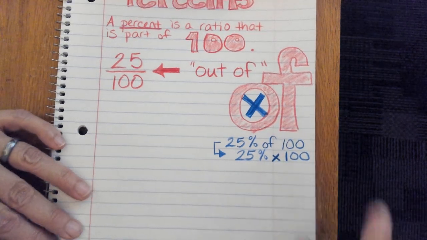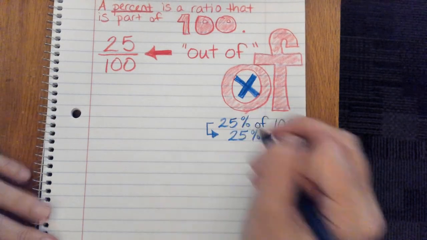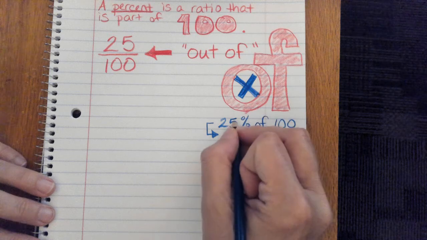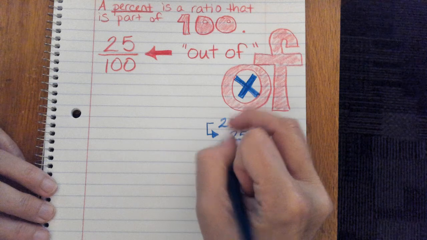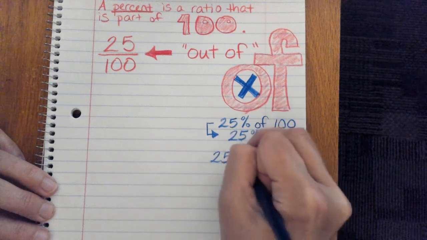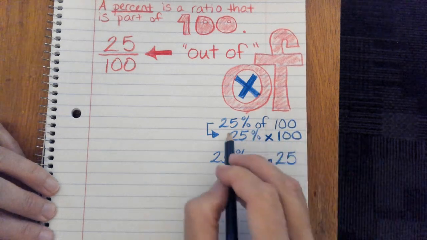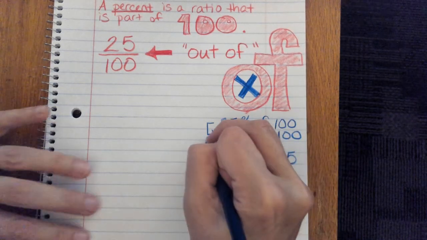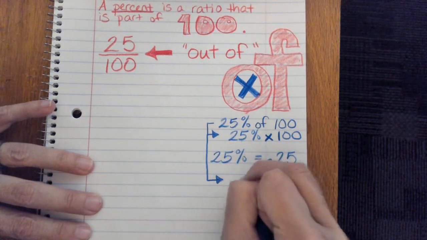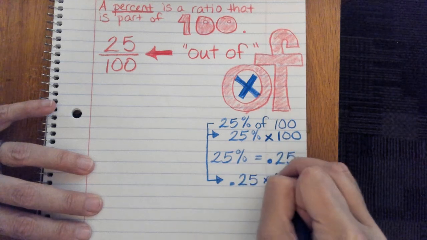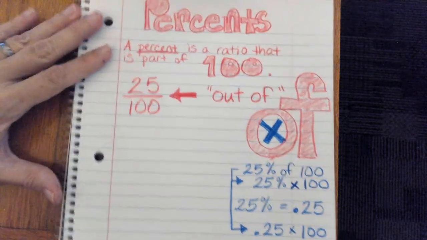And we've talked about this before, but you can turn a number from a percent to a decimal by moving the decimal 2 places. So 25% equals 0.25. So 25% of 100 is the same as saying 0.25 times 100. Okay, so I just wanted to remind you of that.